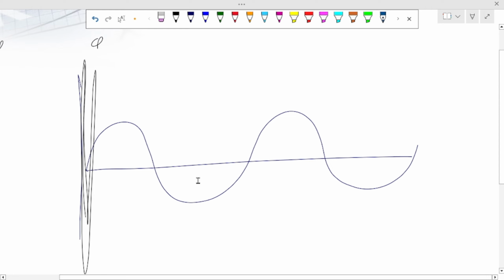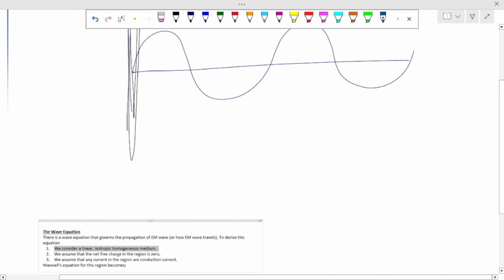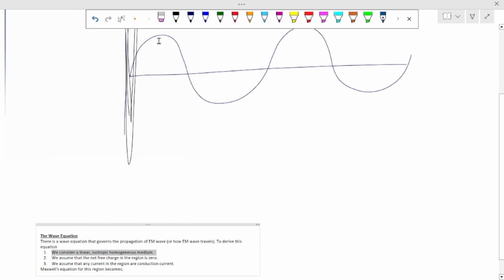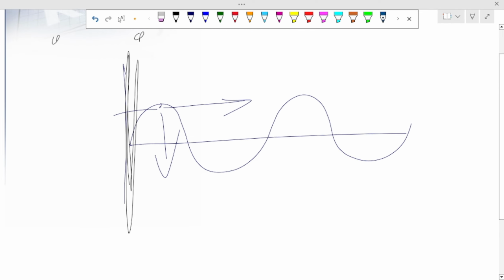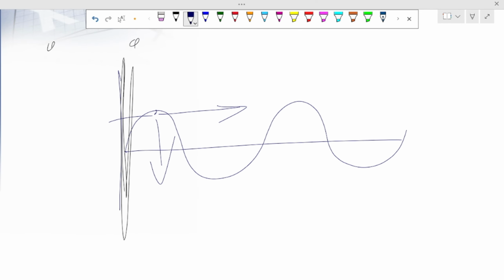Isotropic. What is the meaning of isotropic? Isotropic simply means that if you measure from any point in the medium to any direction, you will get the same value. Are we together?